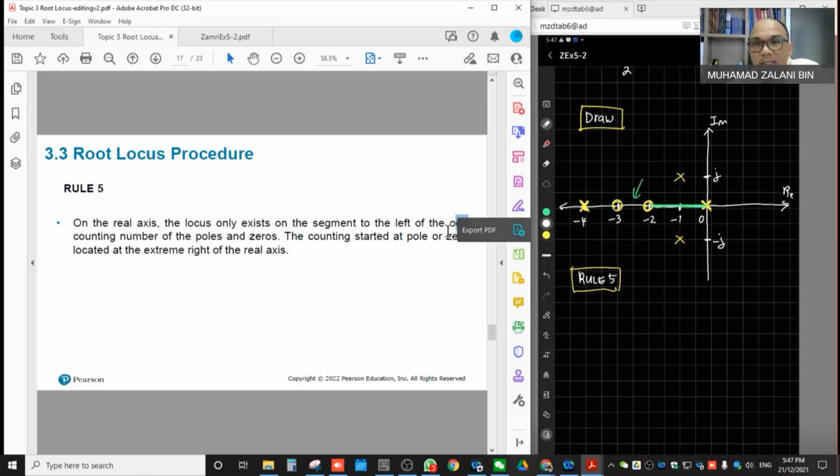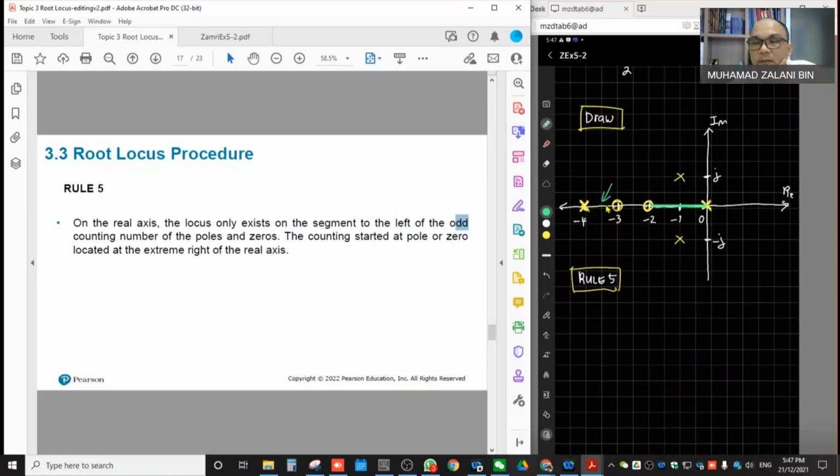If we get an even number, then there is no locus between -2 and -3. So I do not draw anything between -2 and -3. How about in between -3 and -4? Does any locus exist in between these?